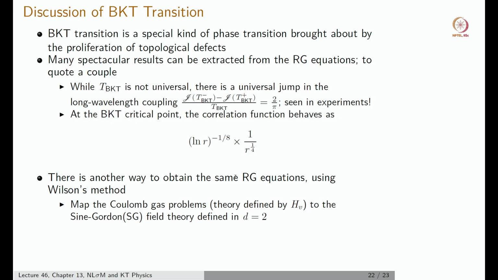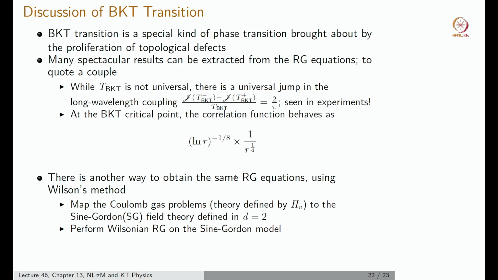So the Sine-Gordon model roughly will look like this. There is a field called phi. The energy will go as gradient phi whole square. It will look like our Gaussian theory, plus something times cosine of phi, and that something will be like the fugacity that we have. So you will see that when you work that theory out and do renormalization group, you will recover all the results that we have in our discussion.